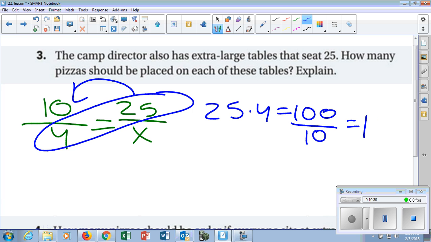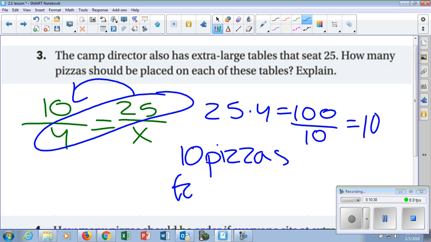And that gave him 10. So the camp director is going to need 10 pizzas for, oops, this is an extra large table. 10 pizzas.